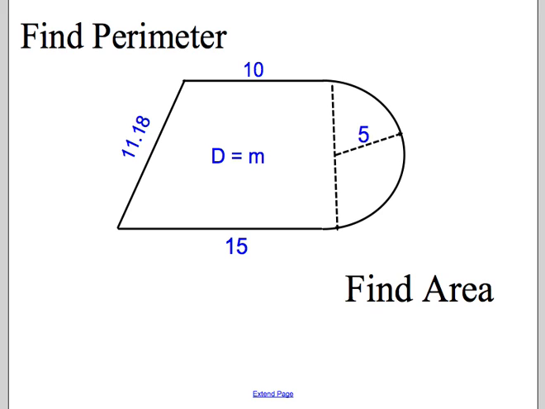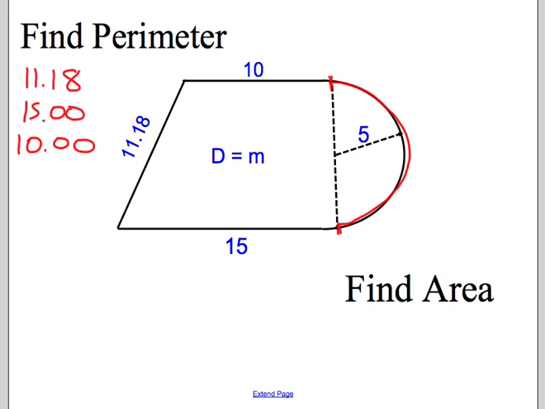So perimeter, that's what I'm being asked to find first. The perimeter, I have the length of 11.18. I have the length of 15. I have the length of 10. And then I need this circumference amount right here.